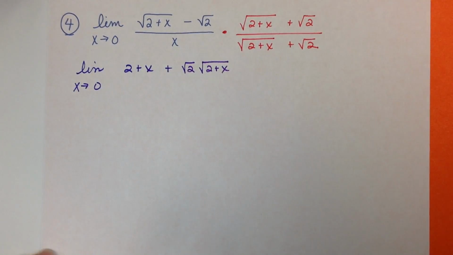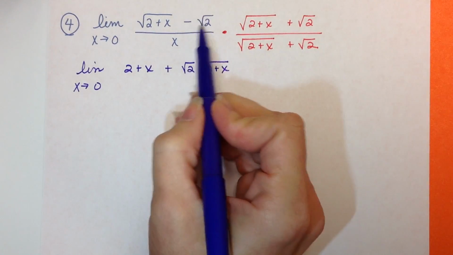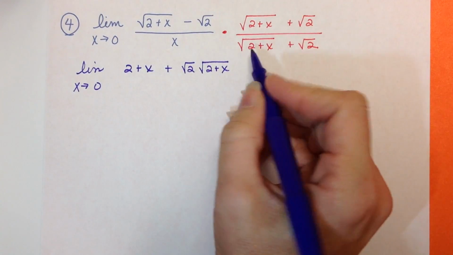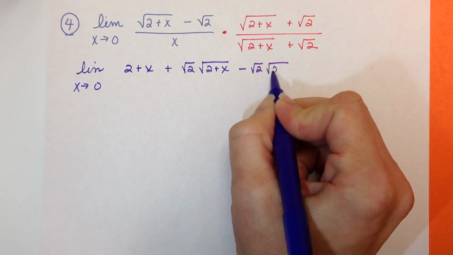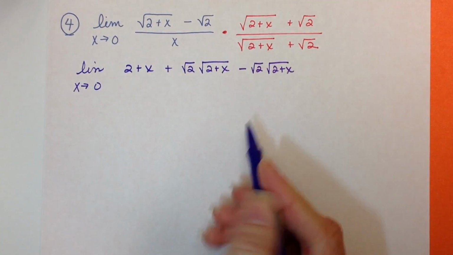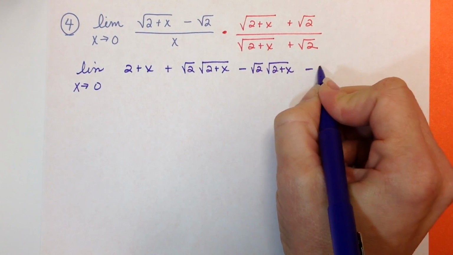I could actually write that another way, but you're just going to end up doing more work than what you have to. So just write them side by side. That's understood to be multiplication. But now I've got the negative times the positive, so that'll be a minus square root 2 square root of 2 plus x. And then a negative square root 2 times a positive square root 2 would just be a negative 2.